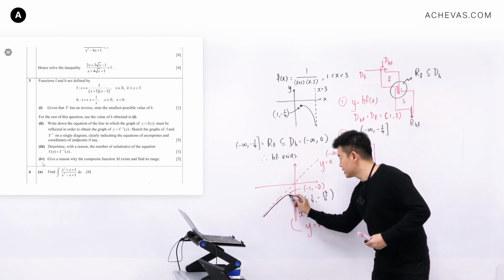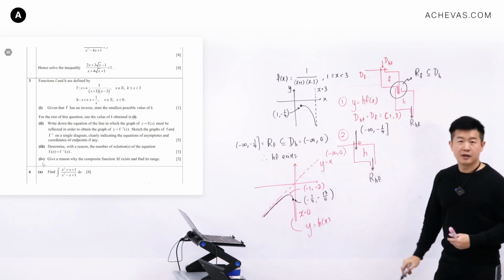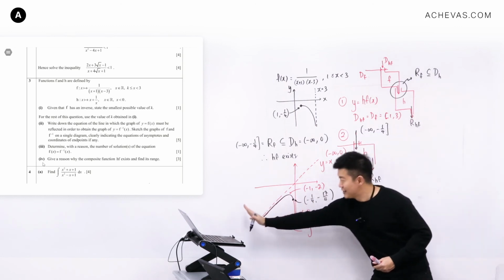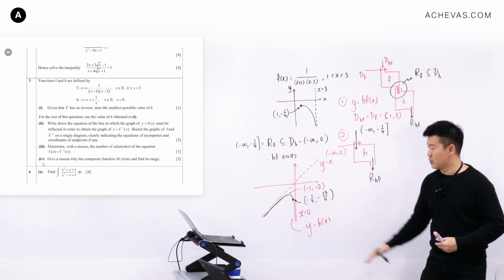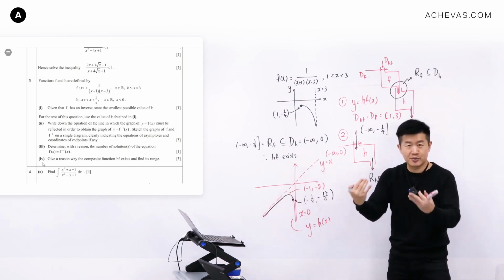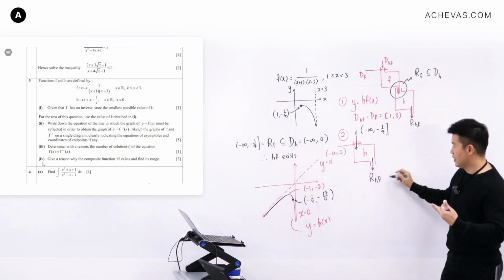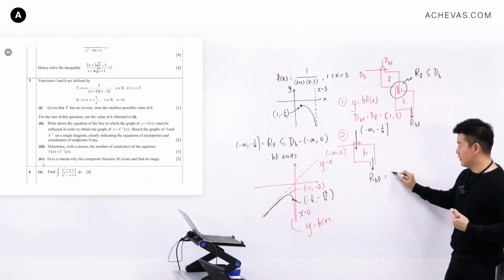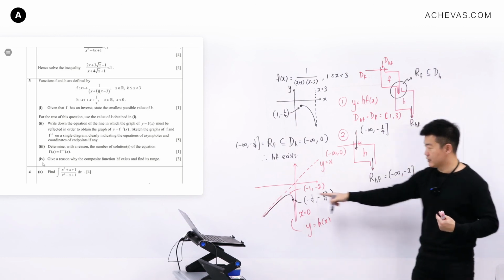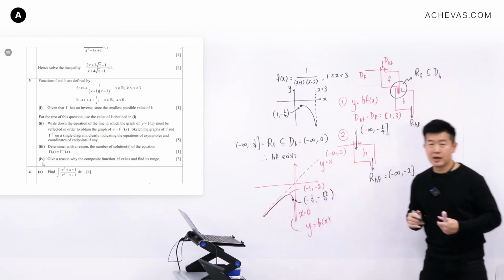Okay, so we have this. So x is going to be from there all the way until minus 1/4. Visually, again, I capture the output as the y coordinate. So what is the range of hf? It is from minus infinity all the way until minus 2 inclusive.